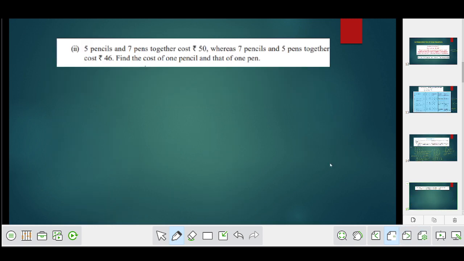Next question. Let 5 pencils and 7 pens together cost 50, and 7 pencils and 5 pens together cost 46. Suppose pencil is taken as x and pen is taken as y.